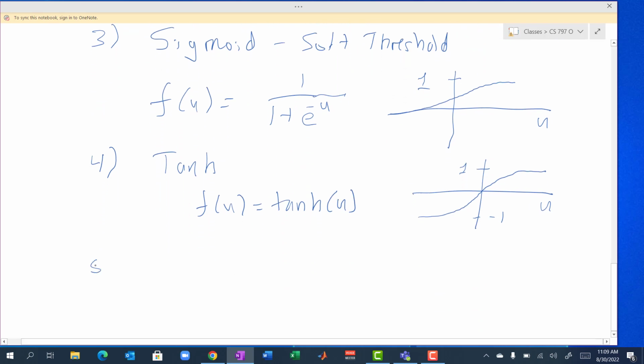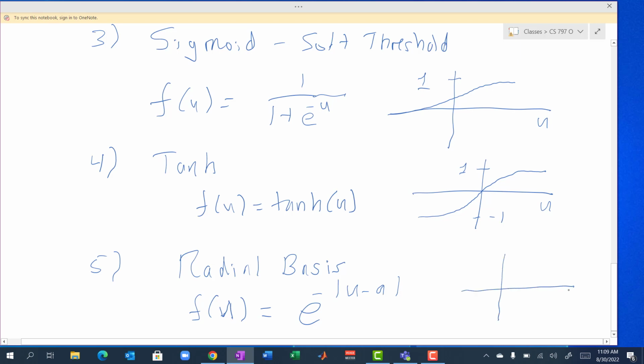The last one, not by any means an exhaustive list, but the last one I'm going to talk about is called the radial basis function. And it looks like this. It's the exponent of the distance between the input and a value A that marks the center of a Gaussian hump.